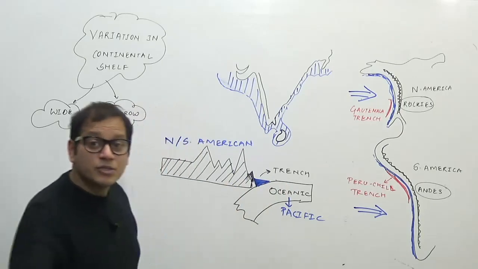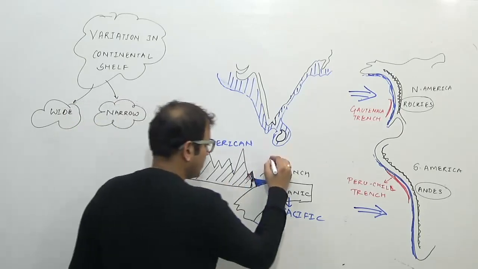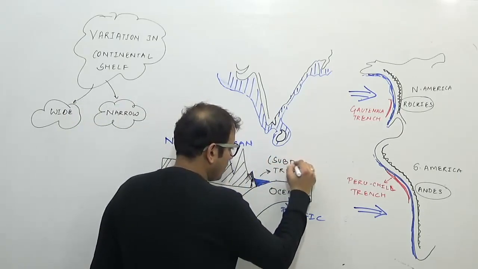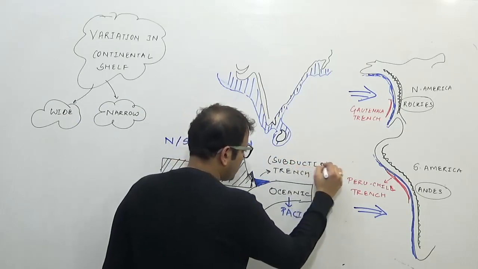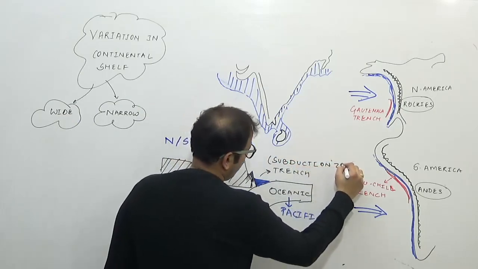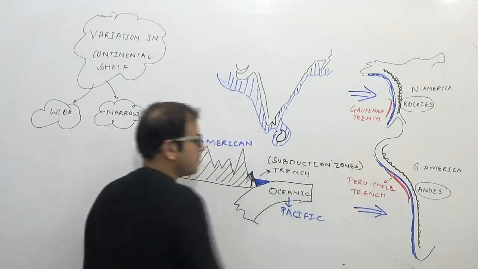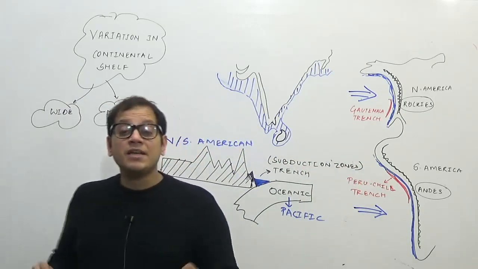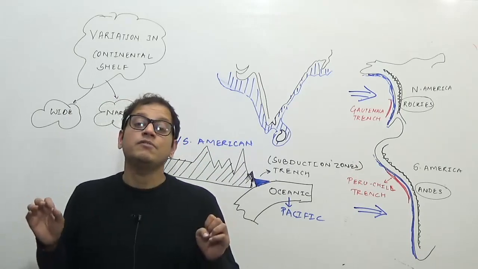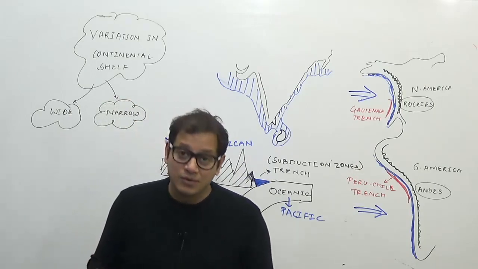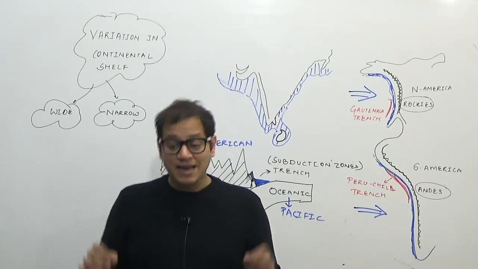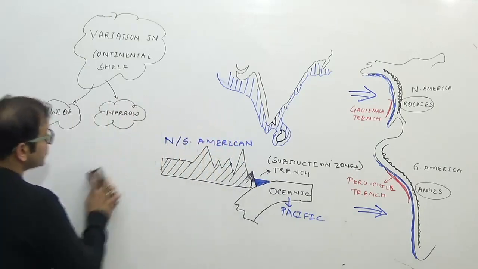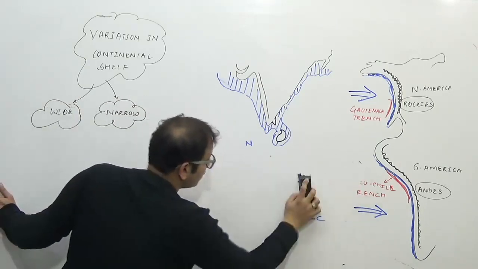So we call this zone a subduction zone. The trenches represent the subduction zone. The example is therefore the very narrow continental shelf along the western side of North and South America, where the Rockies and Andes mountains are.